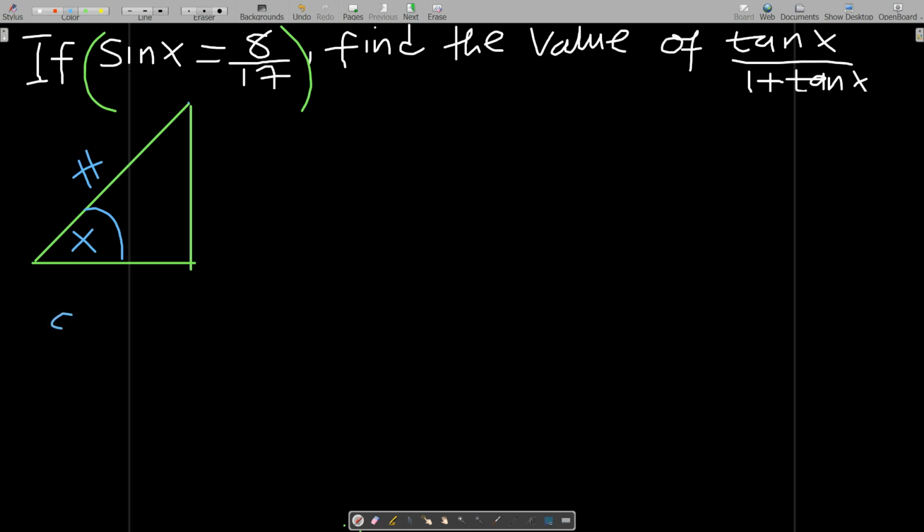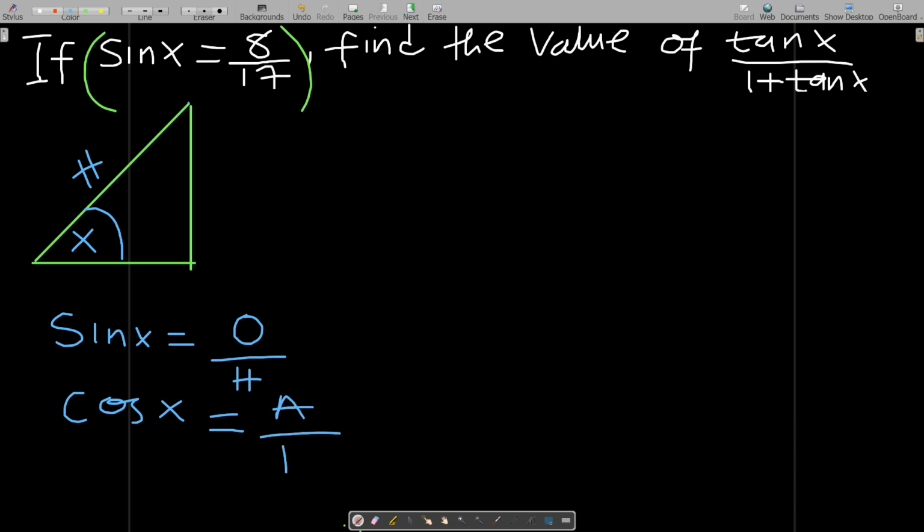If there is an angle, then sine of x is always equal to the opposite over the hypotenuse. Cos of x is always equal to the adjacent over hypotenuse.